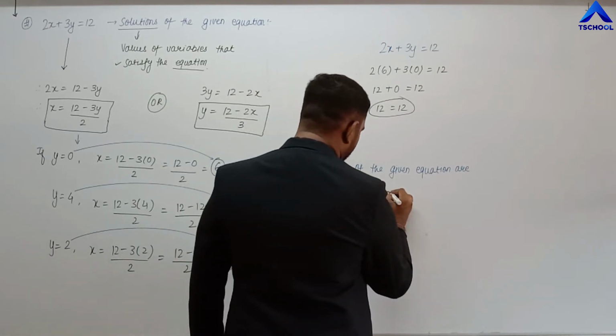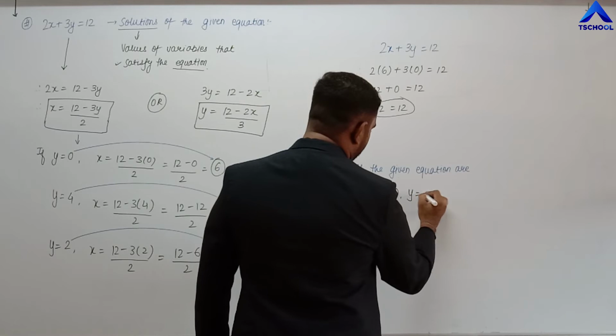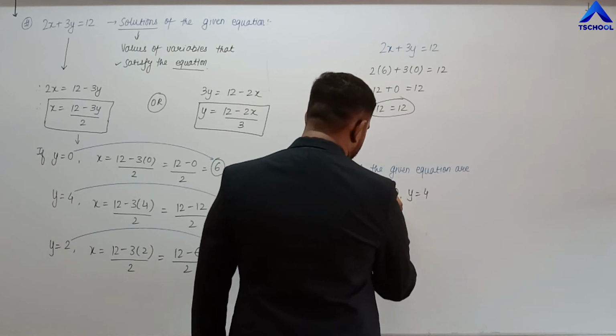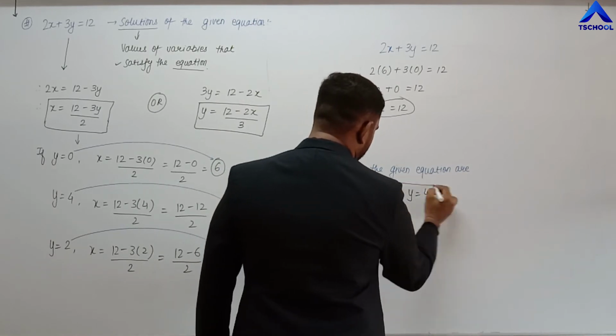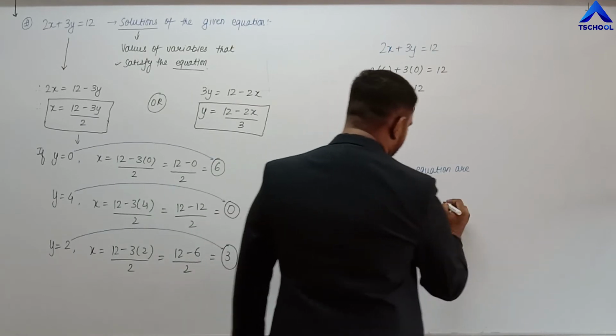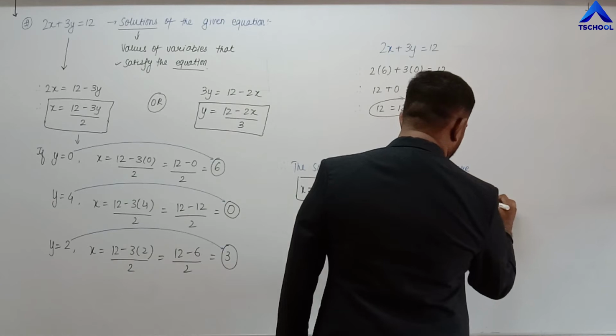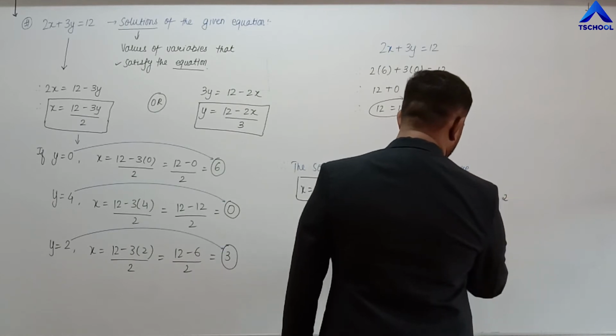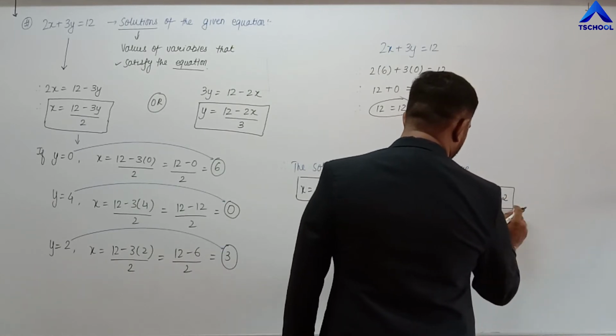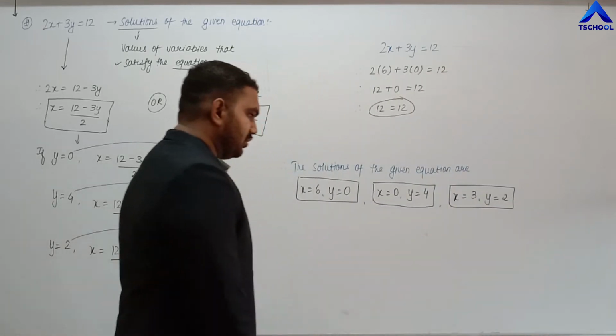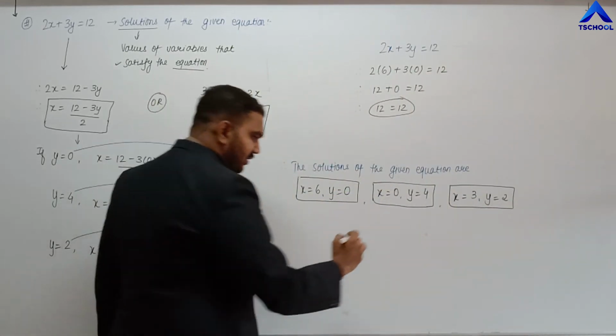Then x equals to 0 comma y equals to 4, the second one. And x equals to 3 comma y equals to 2 for the third one. See, this is the first method of writing down the solution.